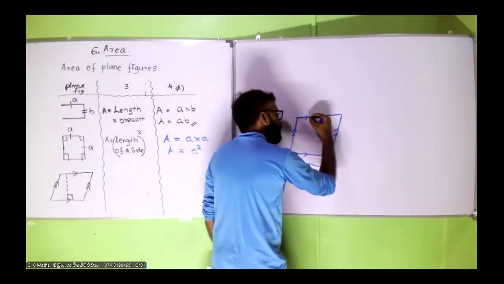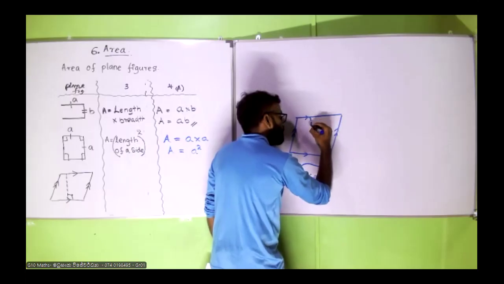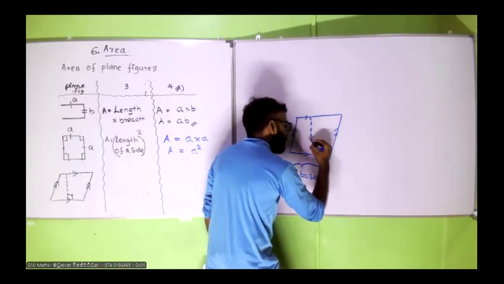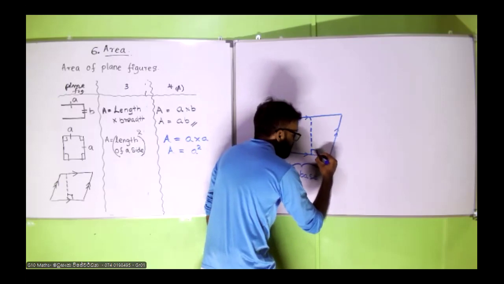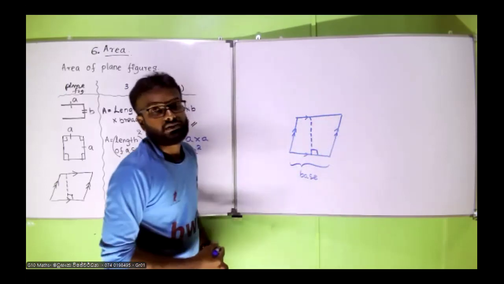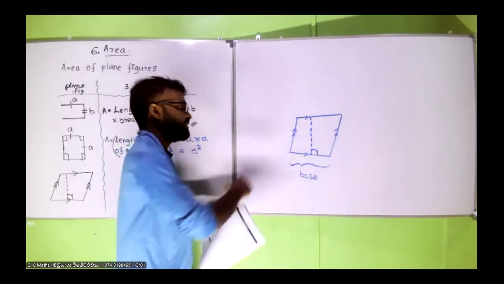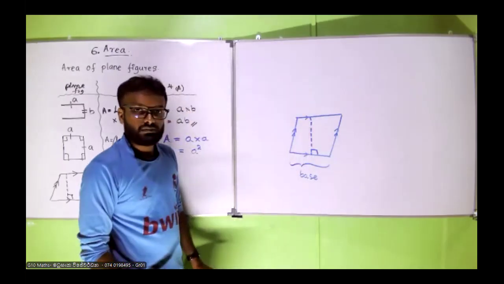So the perpendicular height is this, so that this angle becomes 90 degrees.